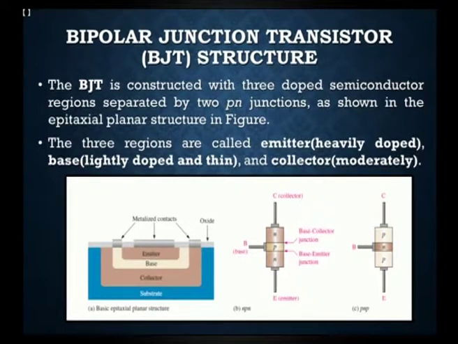So, we have to know what a bipolar junction transistor means. BJT stands for bipolar junction transistor. Bipolar in the sense that we consider both hole and electron movement in the device.